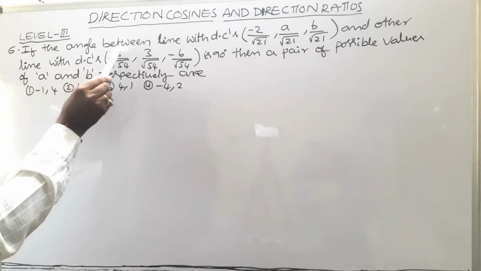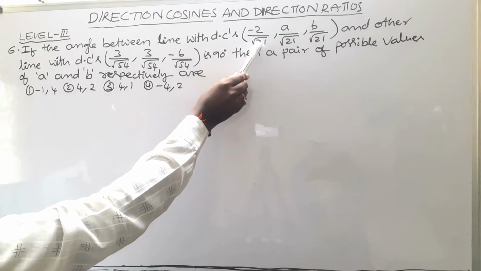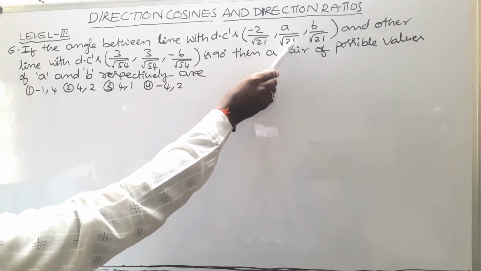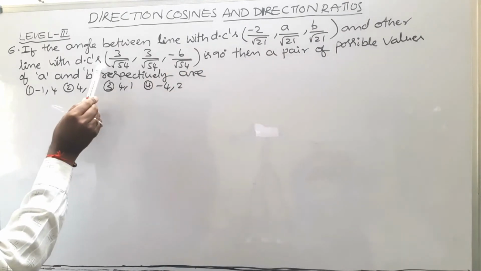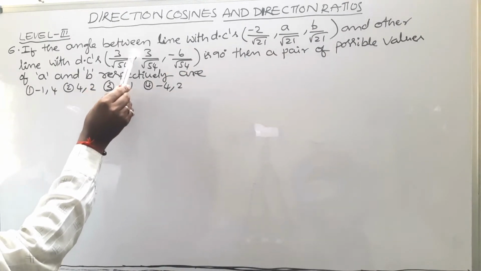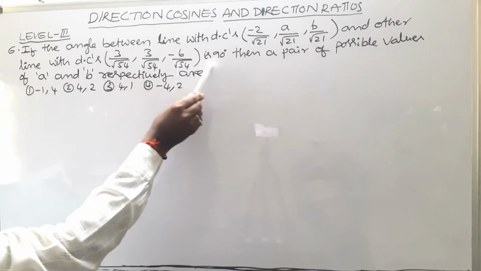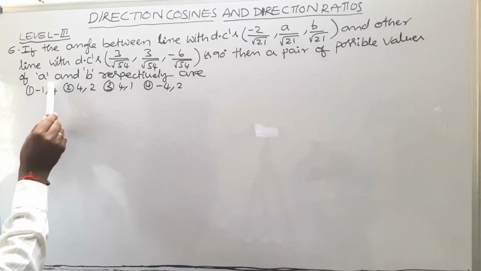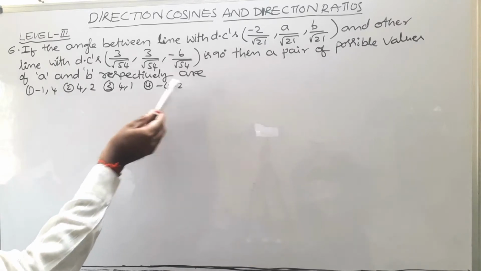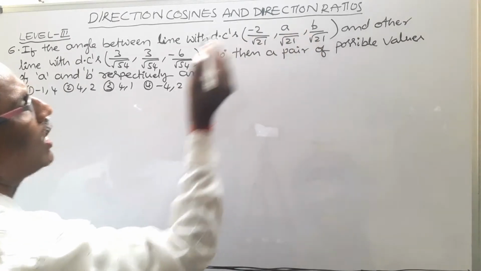If the angle between the line with DCs minus 2 by root 21, A by root 21, B by root 21 and the other line with DCs 3 by root 54, 3 by root 54, minus 6 by root 54 is 90 degrees, then a pair of possible values of A and B respectively are. These are the four options given in the problem to find the A, B values.